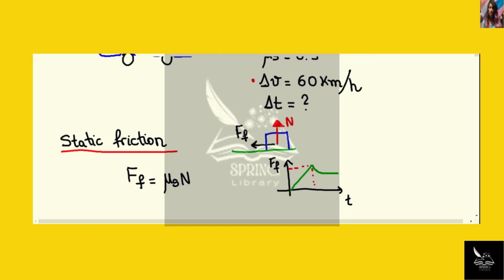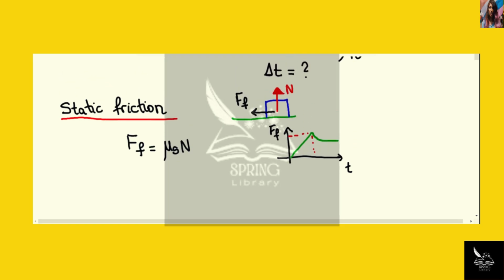So what we need to find is what is the maximum acceleration that the truck can have such that the crate does not fall off the flatbed. Okay, so we have that the acceleration is equal to delta v divided by delta t.